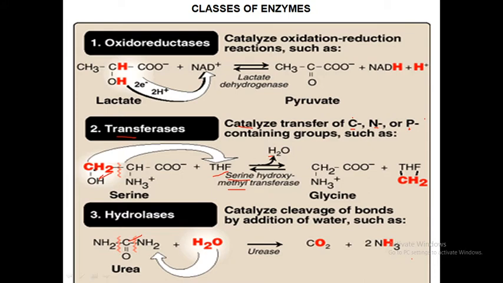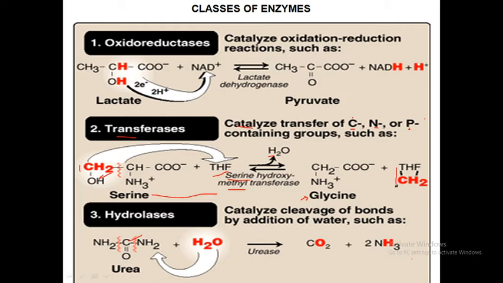So this methyl group moves from serine to the tetrahydrofluoride by the action of serine hydroxymethyl transferase, and serine will be converted into glycine, and the tetrahydrofluoride after receiving this group will become methyl tetrahydrofluoride.